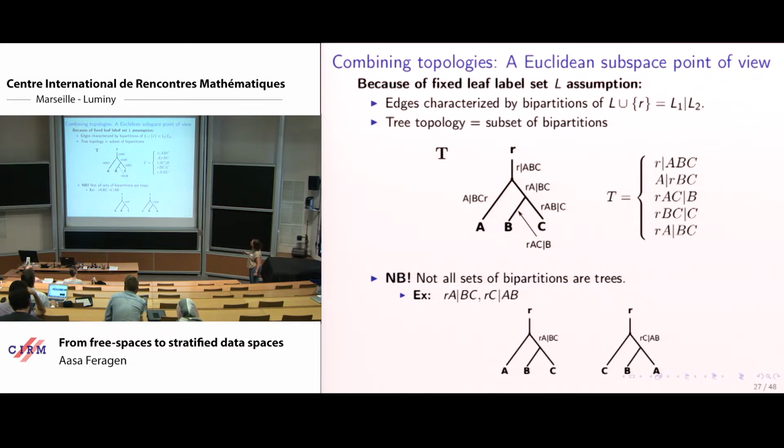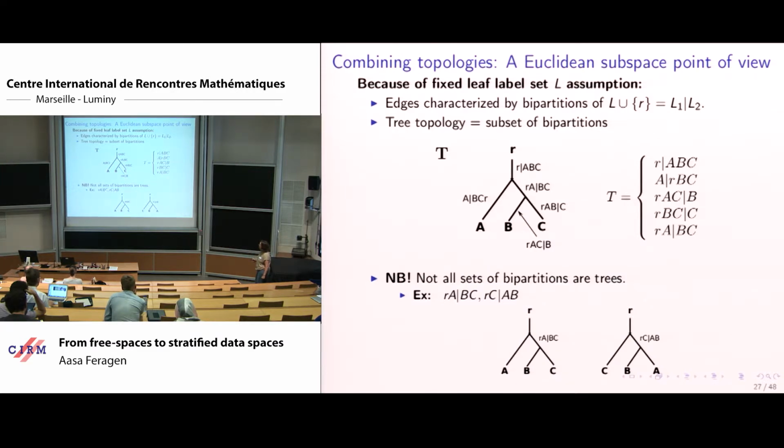For instance, this edge here is completely characterized by the partition into R, A on one side of the edge and B, C on the other side of the edge. And you can similarly characterize all the other edges topologically using bipartitions of the leaf label set. If you take all these bipartitions together, they will define your tree topology for you. Now, important, you cannot have any set of bipartitions like this giving you a tree.